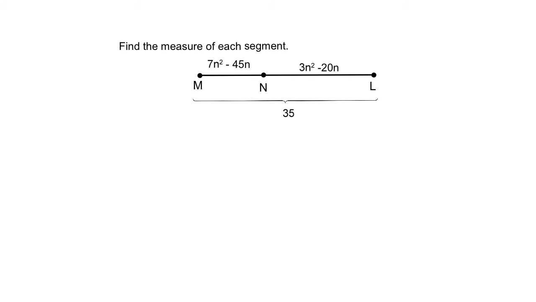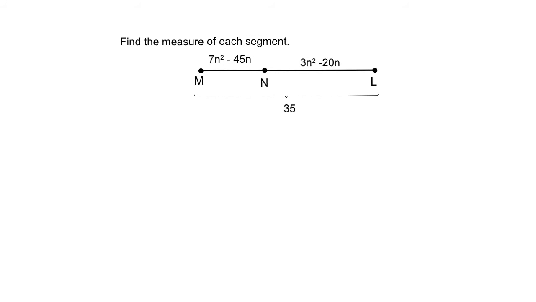So what does this mean? You have to tell me how long is segment MN, how long is segment NL, and then how long is segment ML. So the first equation you can write is MN plus NL is equal to ML.